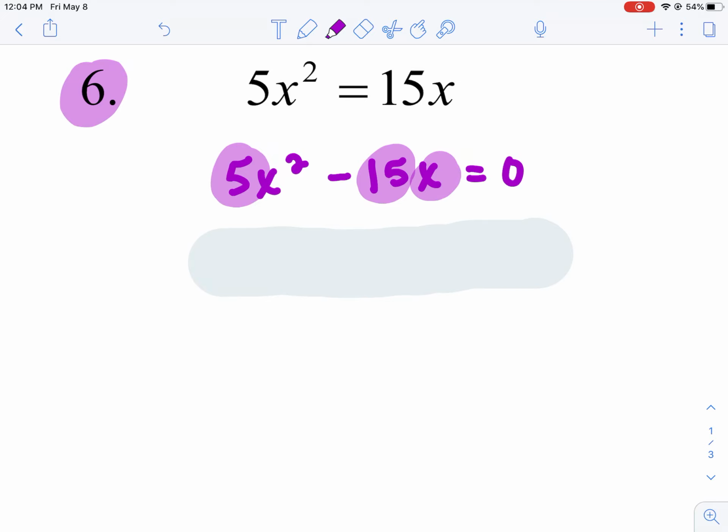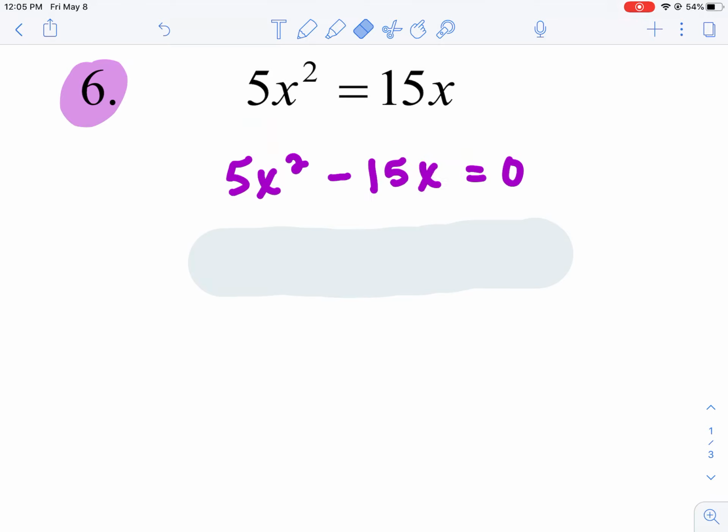Remember, perfect squares are when we square our integers. So 1 squared is 1, 2 squared 4, 9, 16, 25, etc. And when you have variables, it's variables with even exponents. So, well, what does that leave us with? Like I said, GCF. And what is the GCF for this binomial?